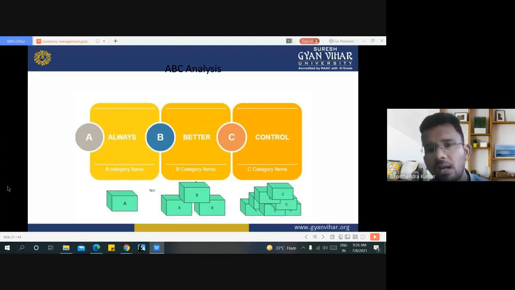ABC analysis is the most widely used technique for inventory management. It is known as Always Better Control. In this ABC analysis, we put items into three categories: one in the A category, one in the B category, and the other in the C category.